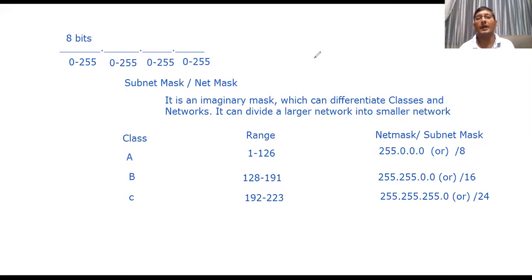If you want to understand why we represent it like this, suppose I take a simple scenario, for example 172.25.1.1/16, because 172 is by default class B. That's the reason you will have /16.